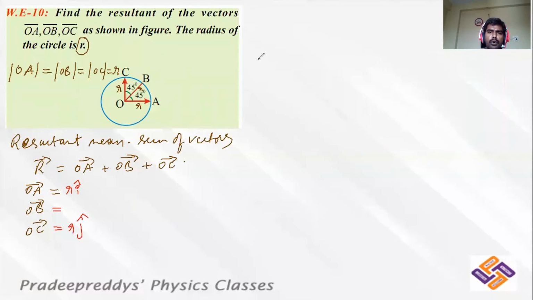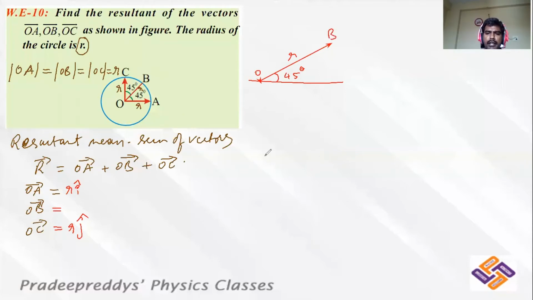Now coming to the OB vector. The OB vector is neither along the x-axis nor along the y-axis. The OB vector is in the plane, right? Now this is OB. Let me take this as OB. I can now write this vector into its components, the angle is given as 45. So it is O and it is B. Now how do you write OB?